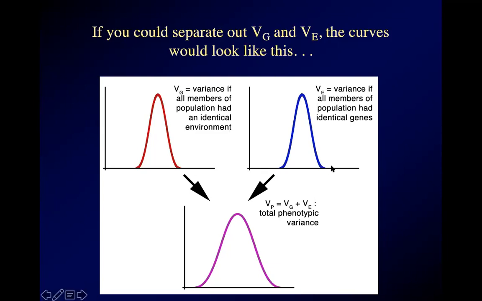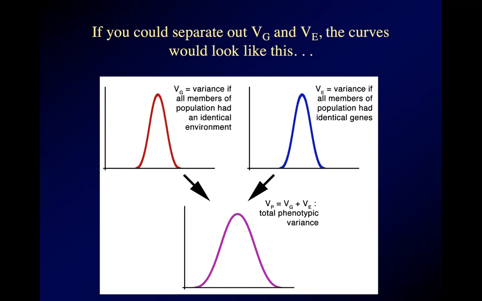At the top right, that's the variance if all of our population members had identical genes. Let's say we cloned a bunch of sumac plants, maybe grew them from cuttings, but we raised them in different environments. Then all of the variance would be due to the environment and none would be due to genes because all of our plants would be genetically identical.